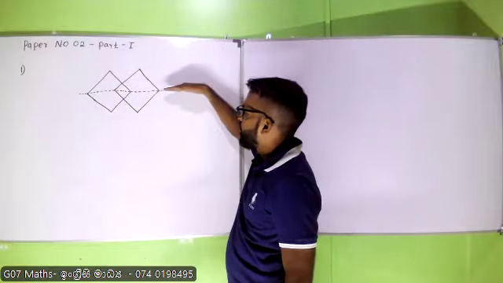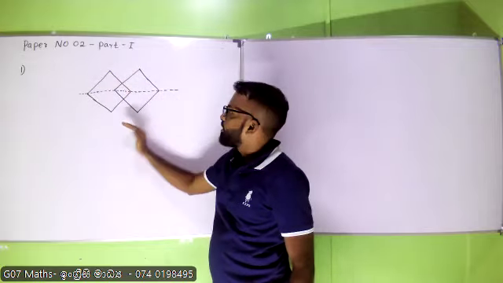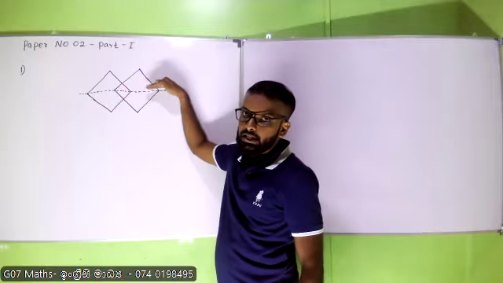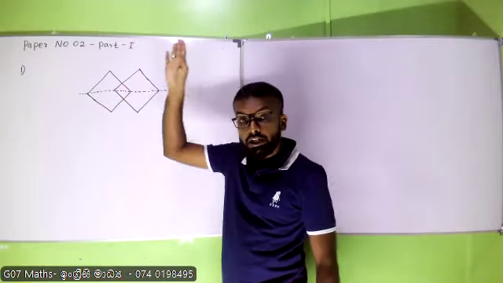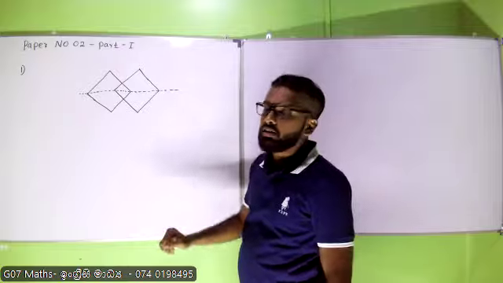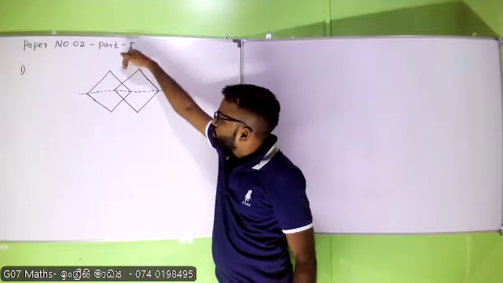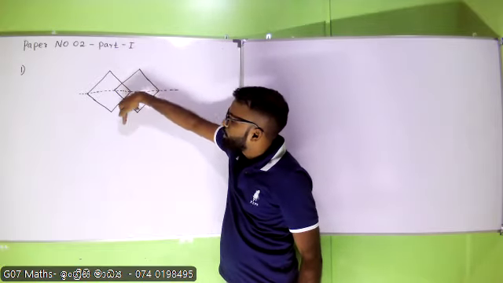Here we have two axes. One of the axes is this horizontal symmetrical axis, and there is a vertical symmetrical axis as well. It goes right through this point.